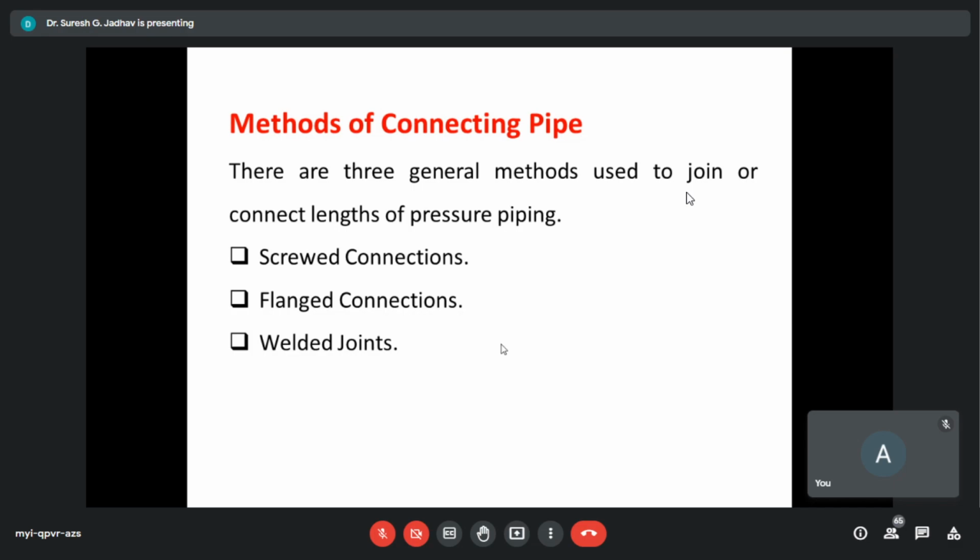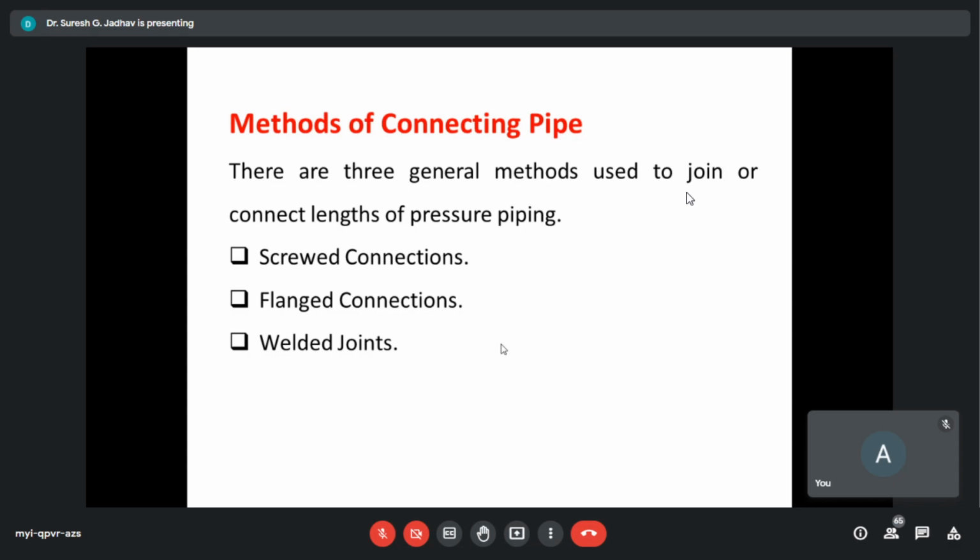Now next method is flange connections. Flange connection uses flanges at the pipe ends. In the next class we'll see the different kinds of flanges. In this method the flanges at the pipe ends are bolted together face to face, usually with gaskets between the two faces.